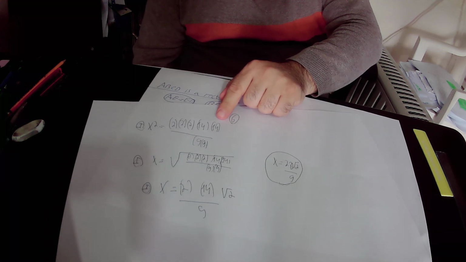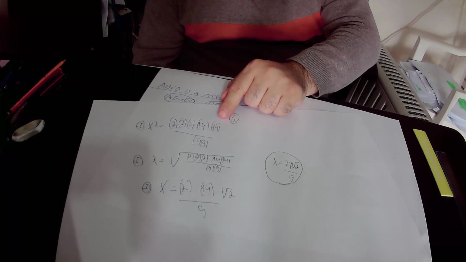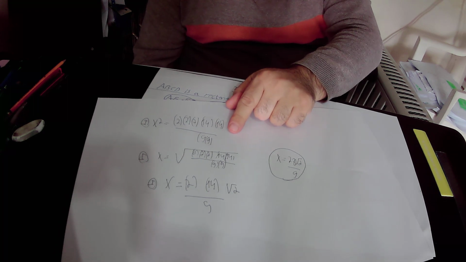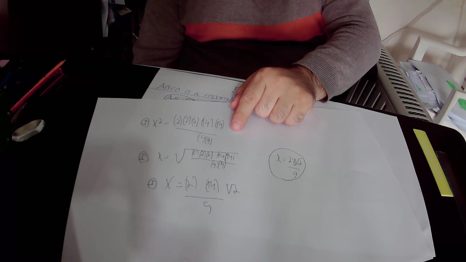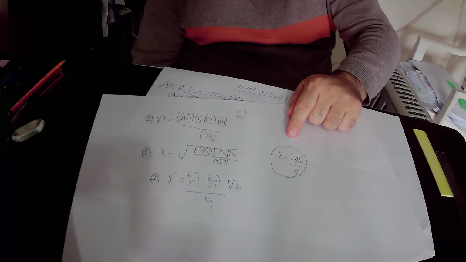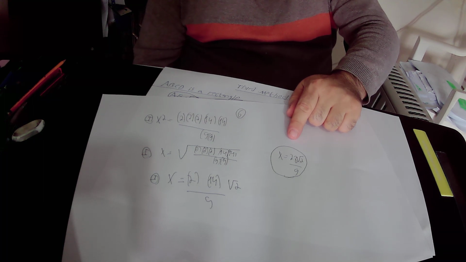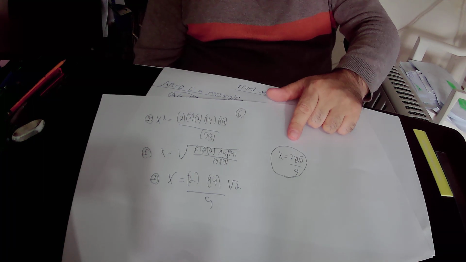We took a root out of this expression. The square root of 2 times 2 is 2, the square root of 14 times 14 is 14, and the square root of 9 times 9 is 9. So in conclusion we got that x equals 2 times 14 over 9 times square root of 2, and 2 times 14 is 28. So x equals 28 times square root of 2 over 9.